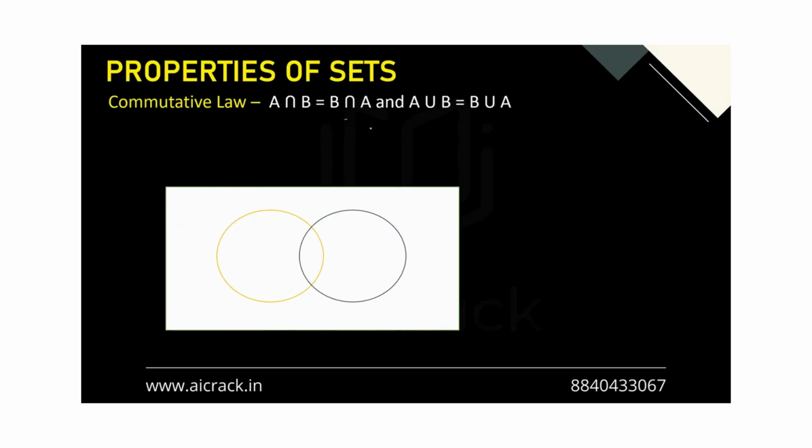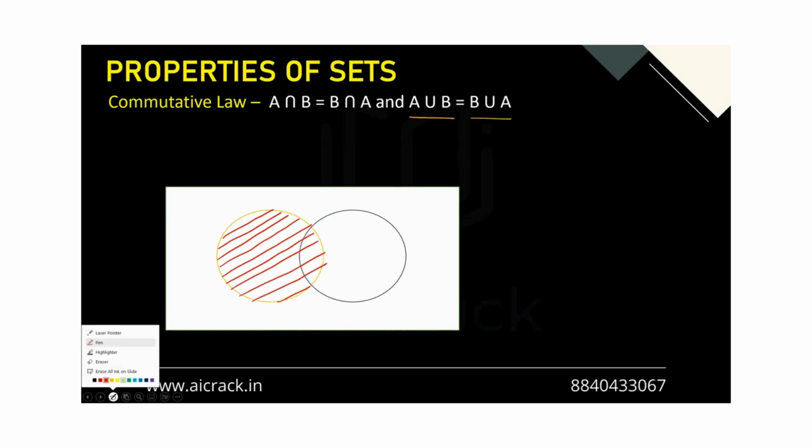So let's take an example of A union B and B union A and try to demonstrate that in the Venn diagram. When we are plotting A union B, we'll be marking the A region first, and then we are marking the B region.